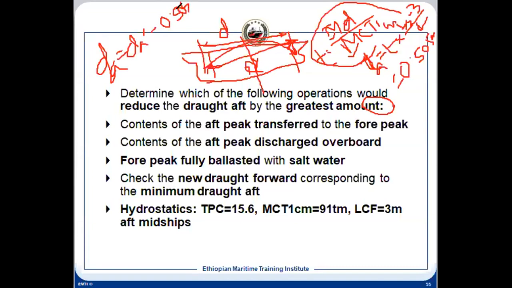So this is the final aft draft we'll be having. And if you calculate, you will get a value of 8.5 minus 0.505. So it will be 7.995.